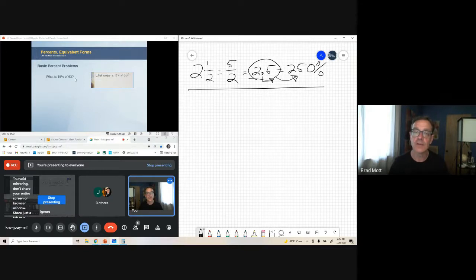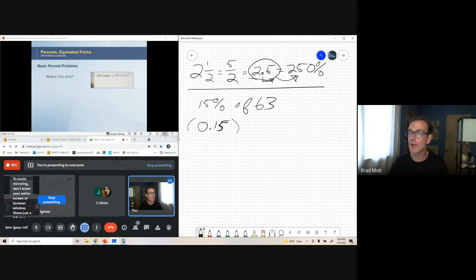So what is 15% of 63? You would start that by converting a percent into a decimal. So 15% is the same as 0.15, moving that decimal to the left and taking away that percentage.